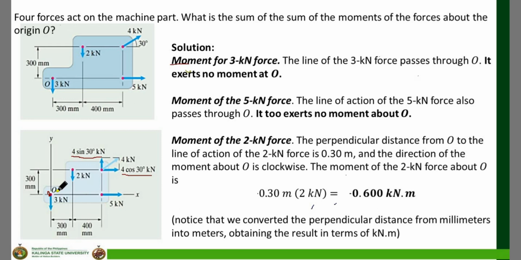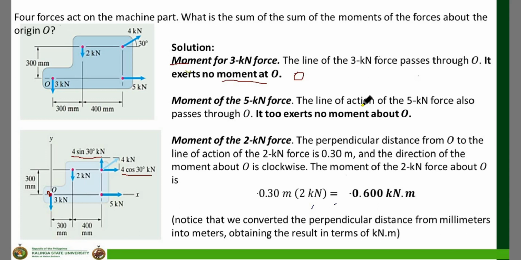Whenever a force happens to be at the point you want to take moments about, and for this problem the reference is point O, the moment is zero. The 3 kilonewton force is at point O, so in this case the moment is 0.